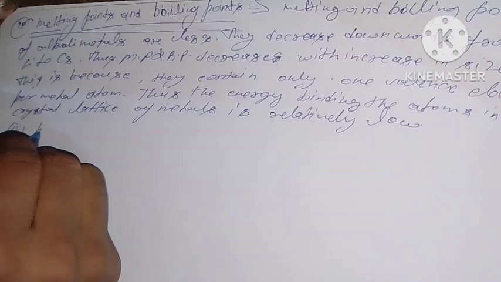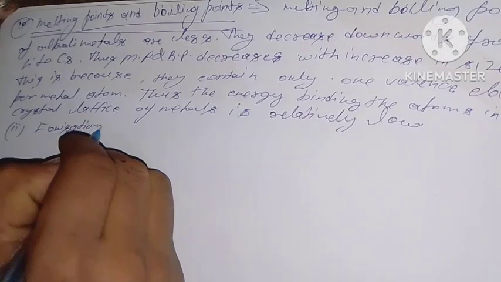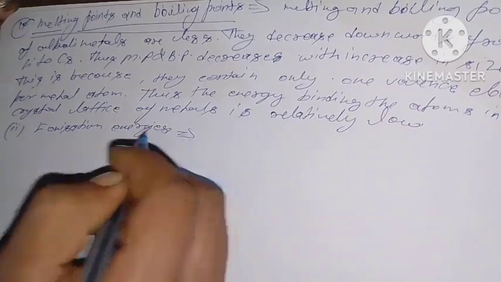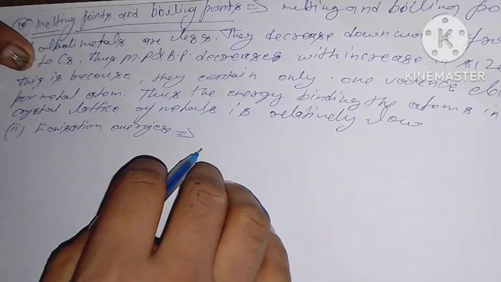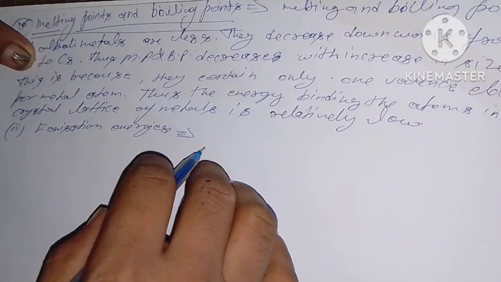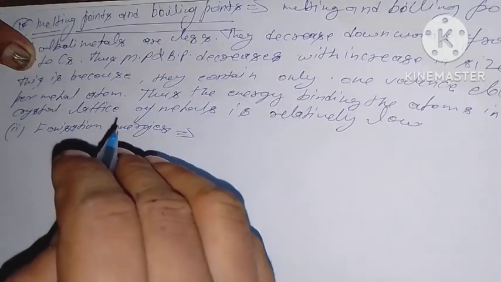Ionization energies. The ionization energy of alkali metals is relatively low. This is because the s electron from the outer shell of these elements can be easily taken out.